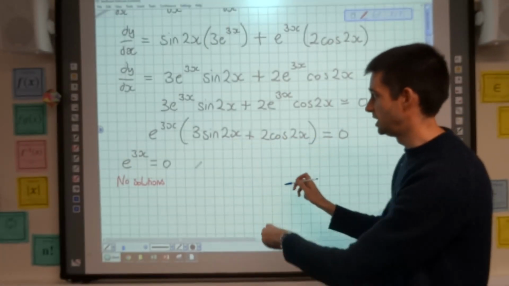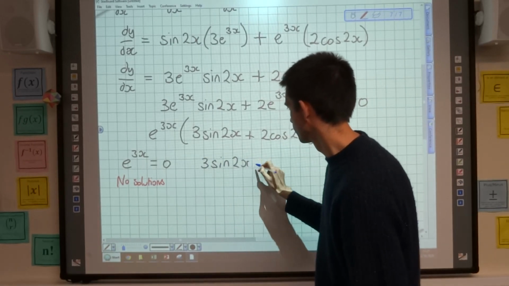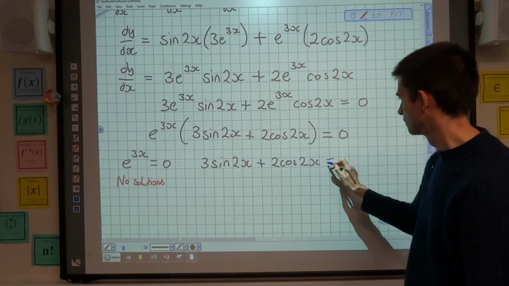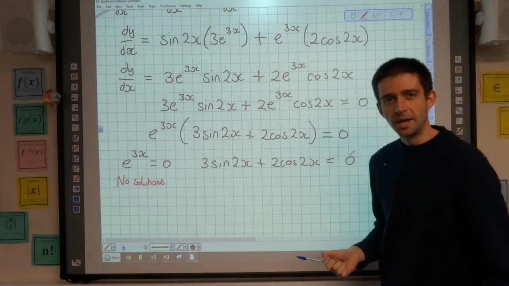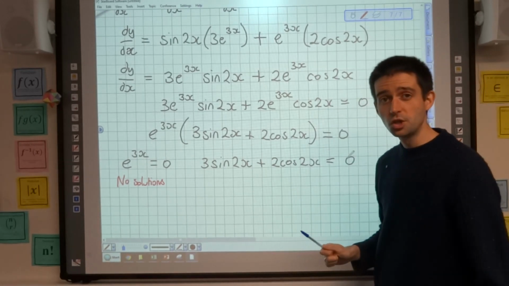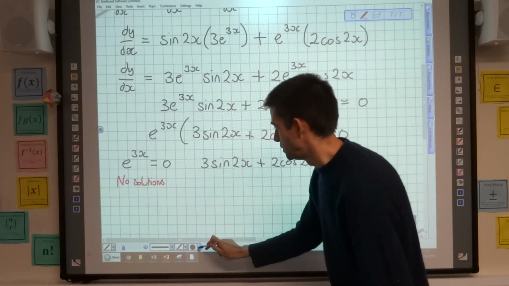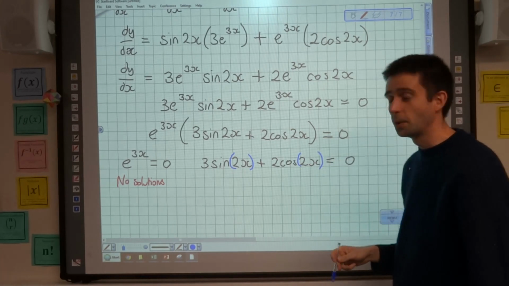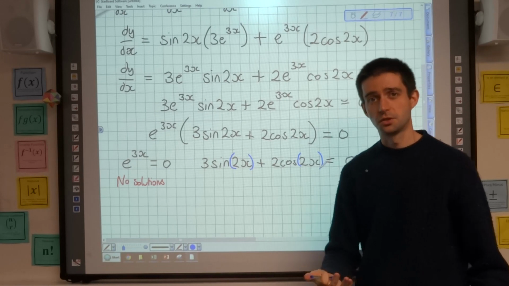So I can just proceed with this second bit, which is 3 sine 2x plus 2 cos 2x equals 0. People get in a right old pickle with these, particularly if they know the double angle trig identities. What you just have to spot with this is you have sine and you have cos, and you have sine and cos of the same function, in this case 2x, which means we can use the identity tan equals sine over cos.